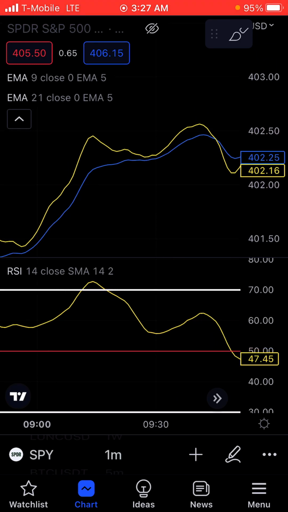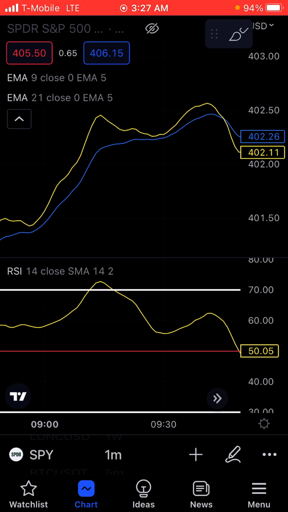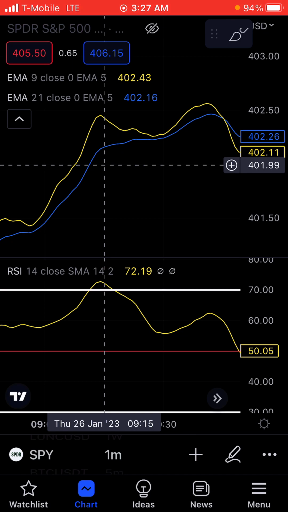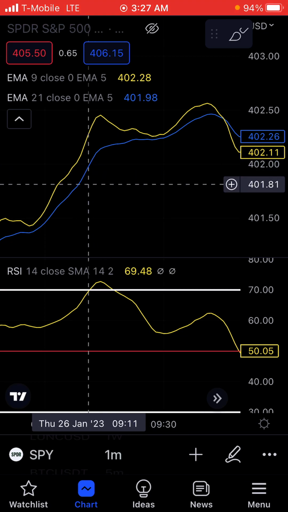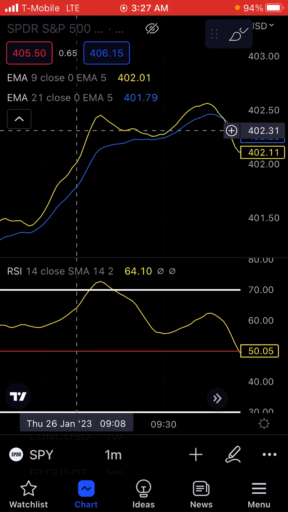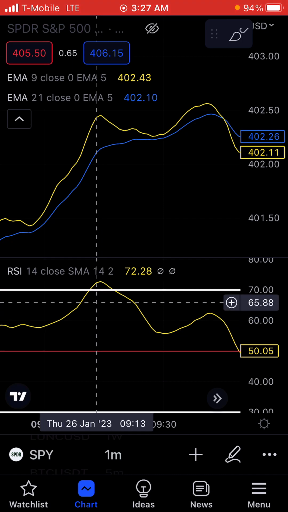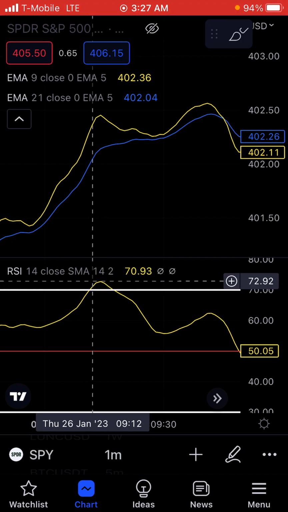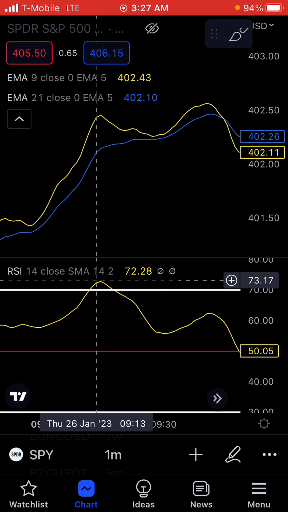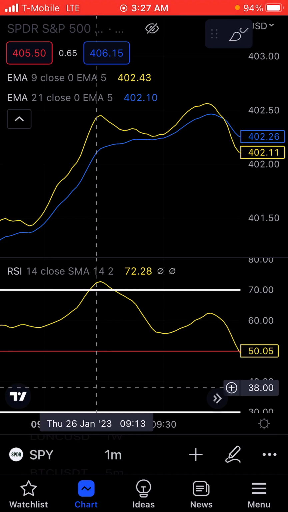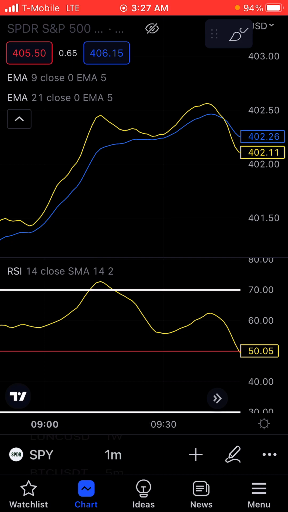Basically, if you pay attention to your RSI, whenever the yellow line is way above the top, when the RSI is way up here, I would put in for a put. And whenever the RSI is down here, I put in for a call. It's basically that simple.